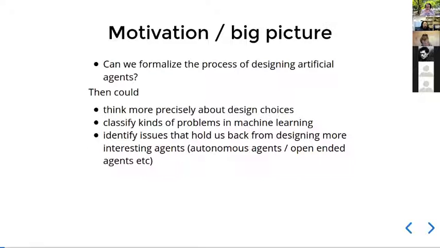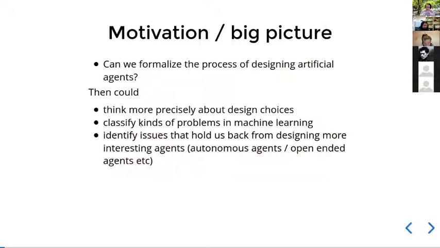Why should we do this? Maybe it will help us to think a bit more precisely about these design choices. If you read machine learning papers, they always have tons of different things, and it takes a while to figure out which problem they're actually solving or how they're setting it up.